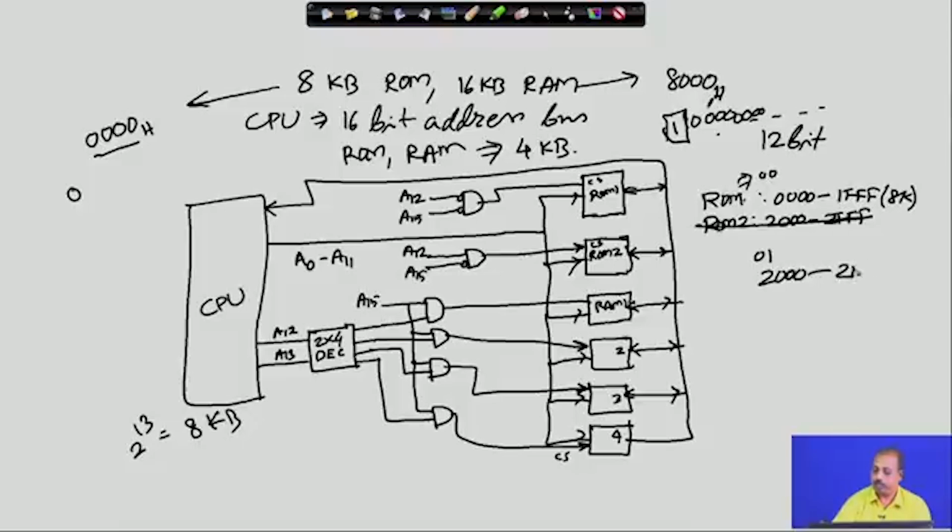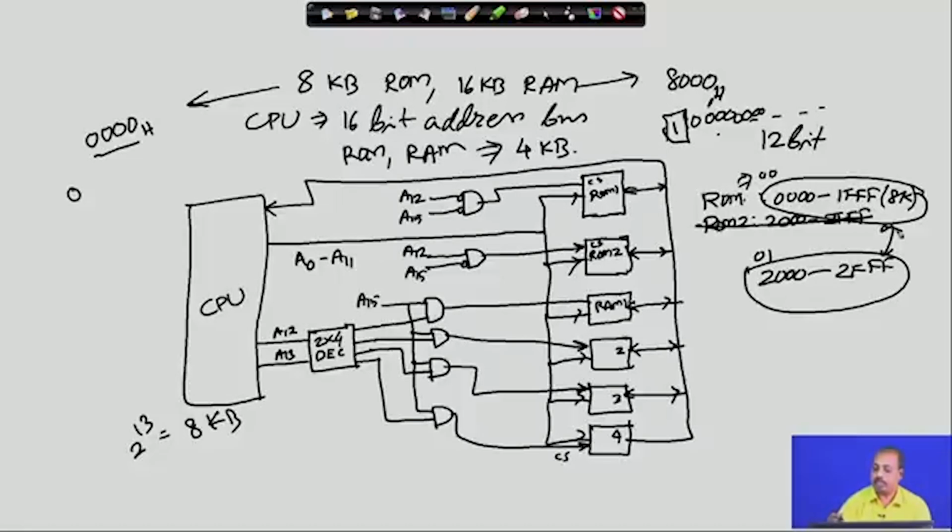This is a folded address space of the first ROM. These two address spaces map to the same set of memory locations, but because of folding they are coming.